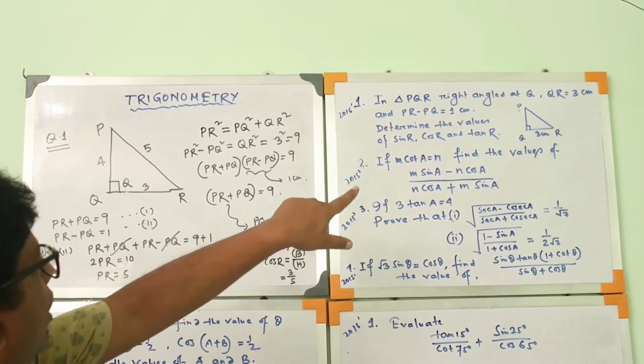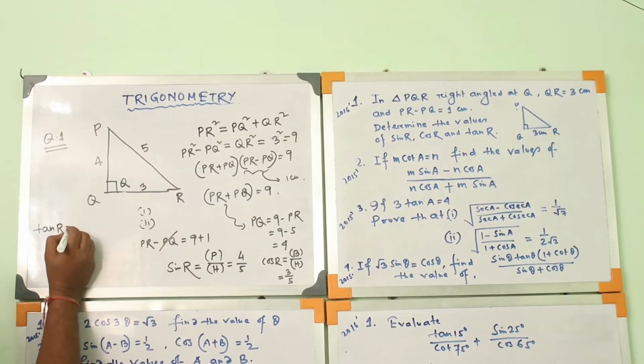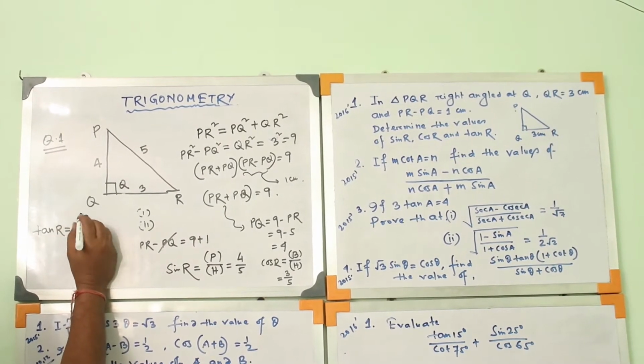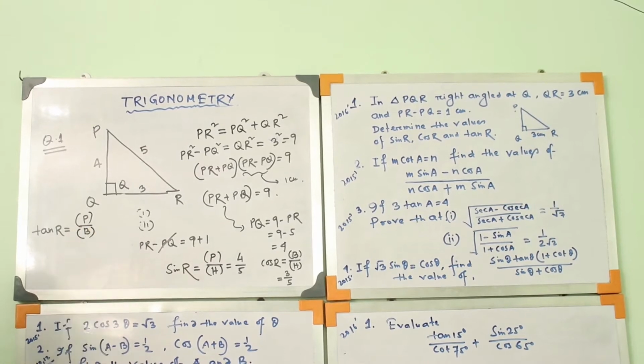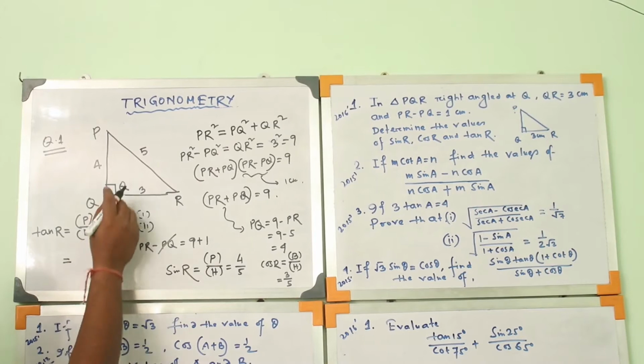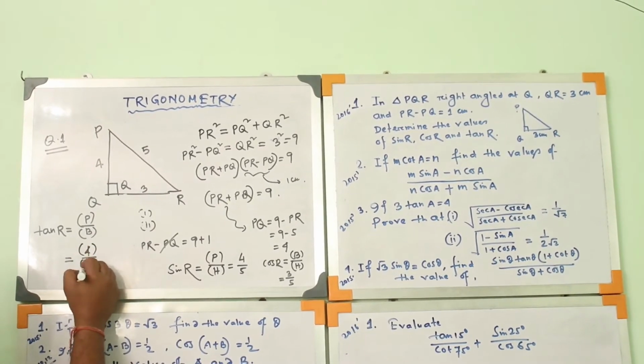What will be the value of tan R? Tan R is equal to P by B. Here P means 4 and base is equal to 3.